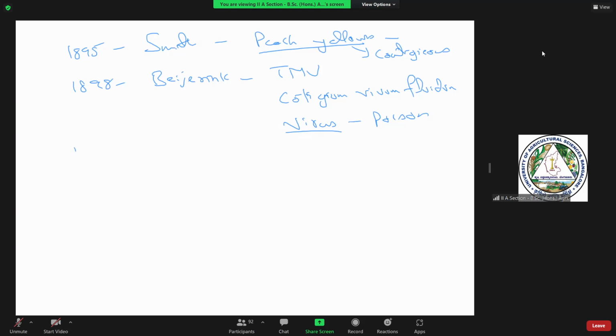Then in 1929, Holmes provided a tool by which a virus could be measured, by showing that the amount of virus present in a plant sample preparation is proportional to the lesions on a leaf.